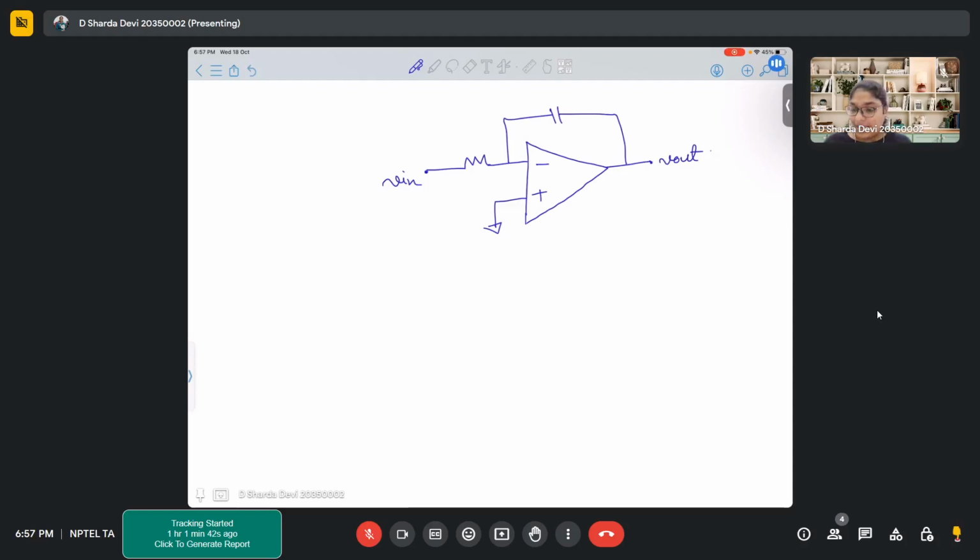Actually, it is not true that there is no feedback, since this capacitor is connected in feedback, right? But this is known as an ideal integrator.